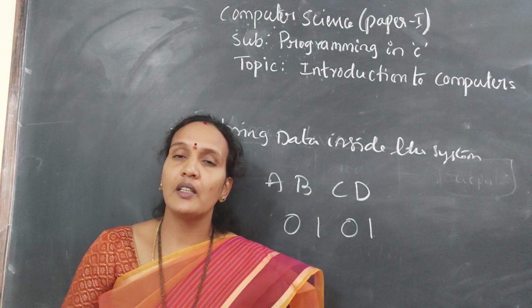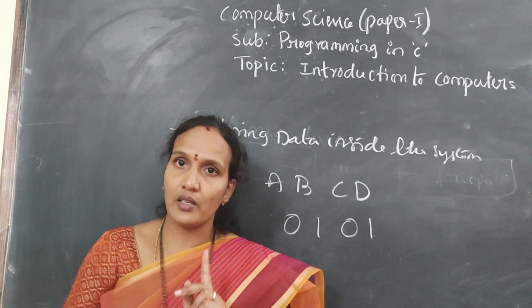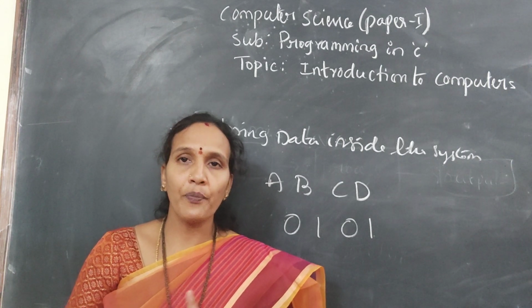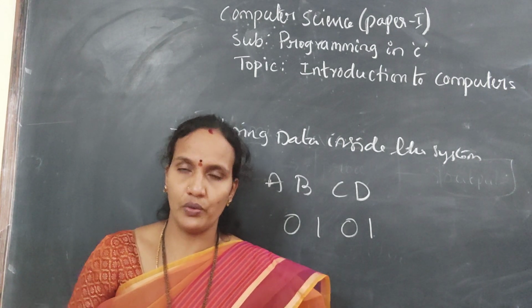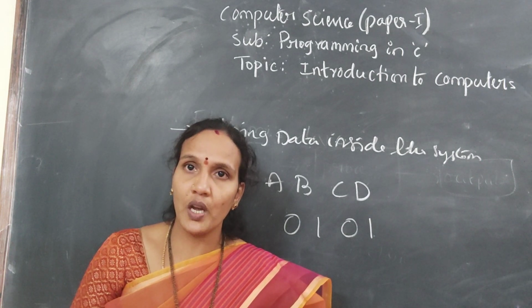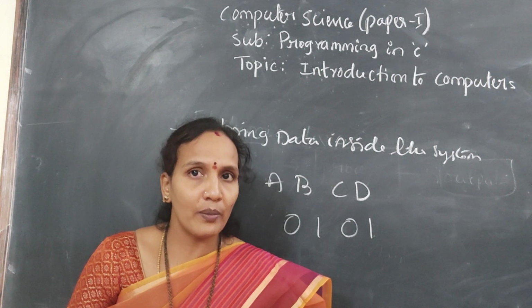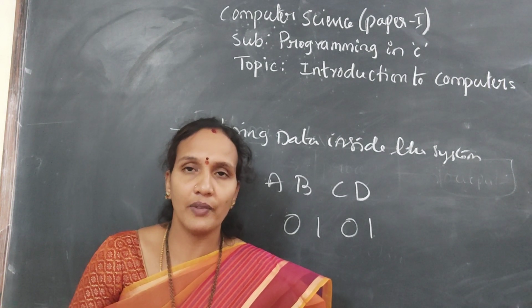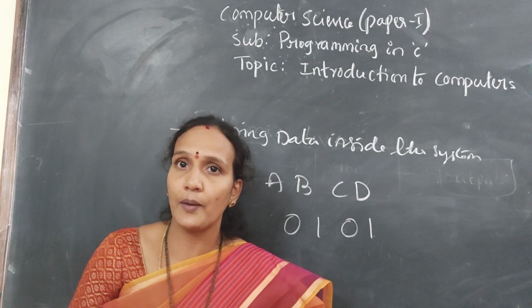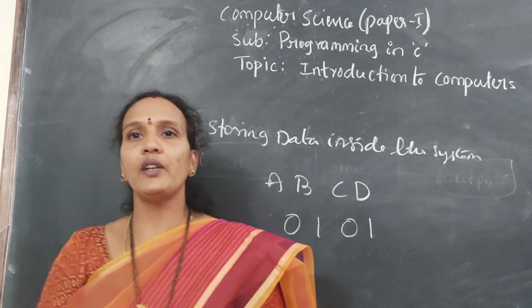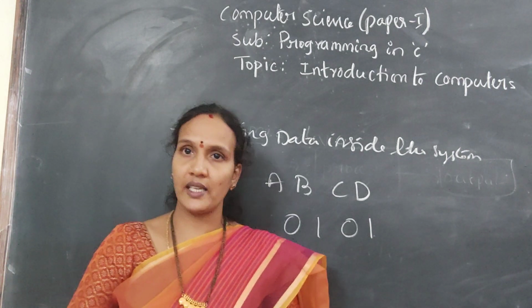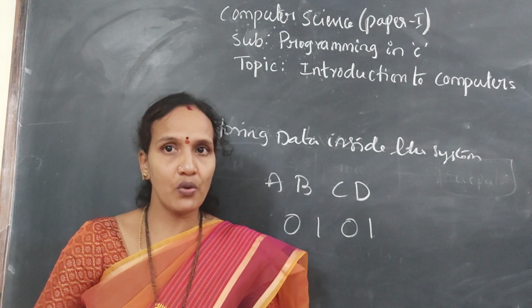Binary means there are only two digits, 0 and 1. So whatever you want to store should be converted into a binary format. In which format will the system store the data? The binary format.